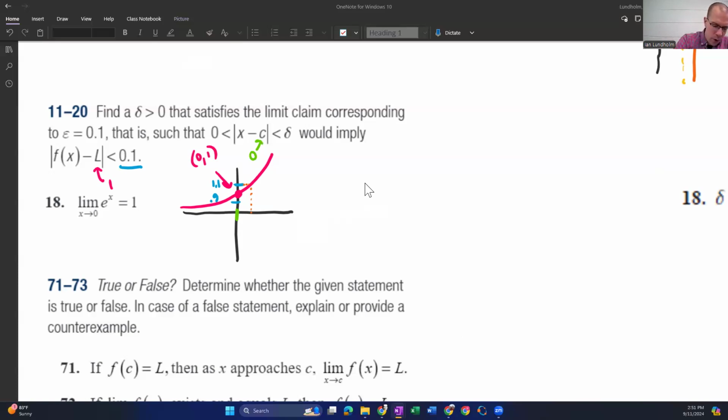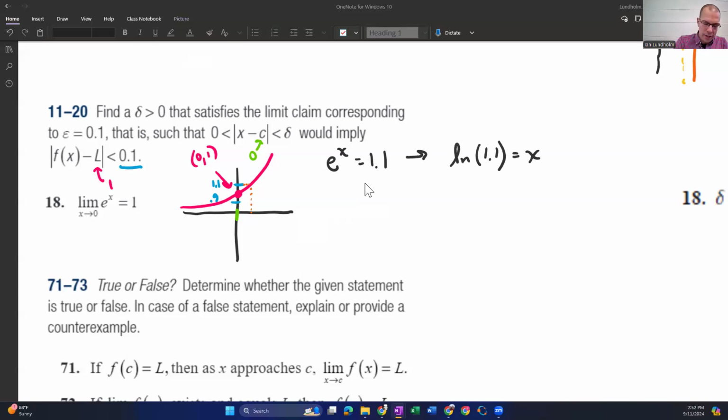And if we wanted to solve e to the x is equal to 1.1, we could rewrite that as a logarithm, so that we would say the natural log of 1.1 equals x.